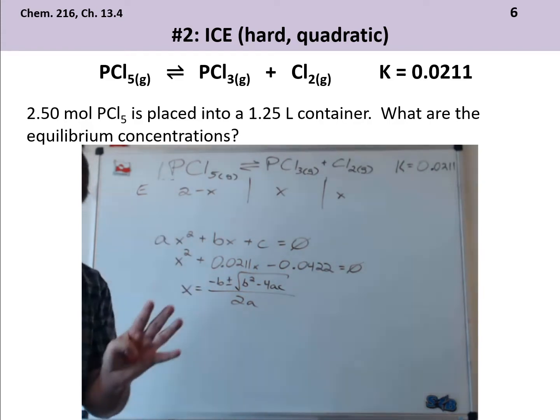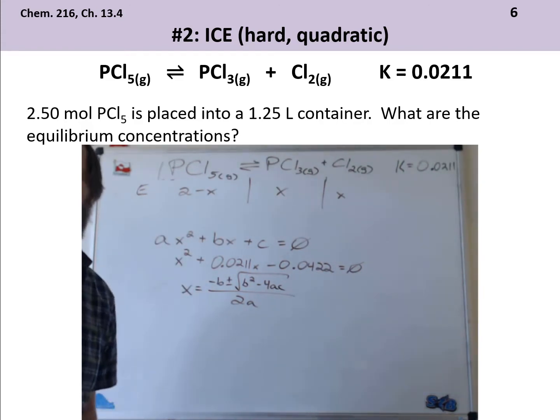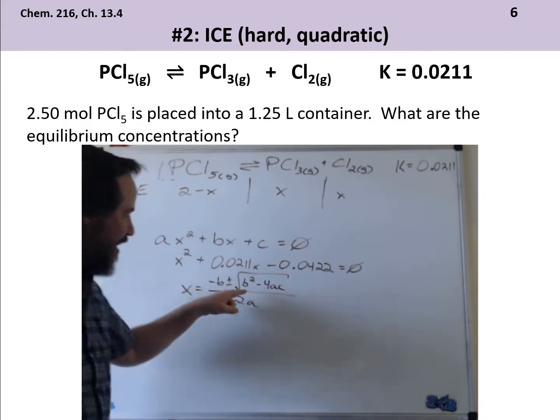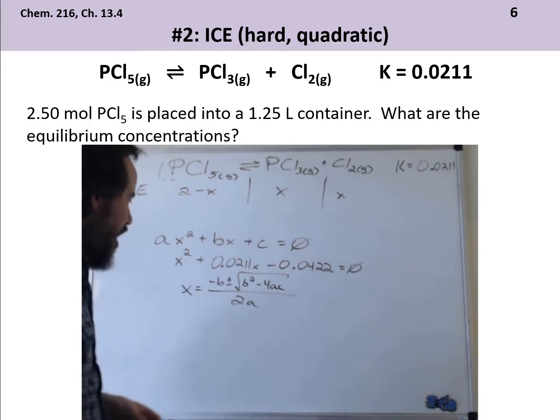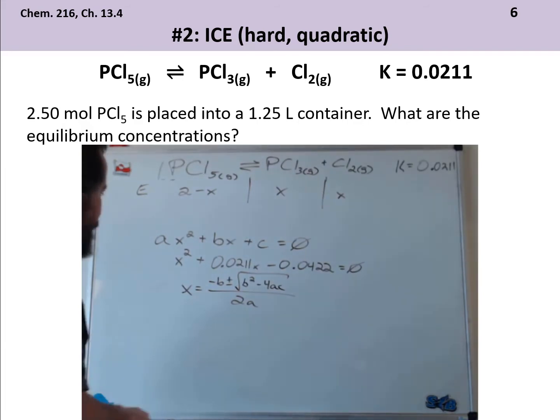I always just check to make sure it's the same as the quadratic equation, because if I mess up here, if I make this plus 4ac, everything goes junky and I get upset.